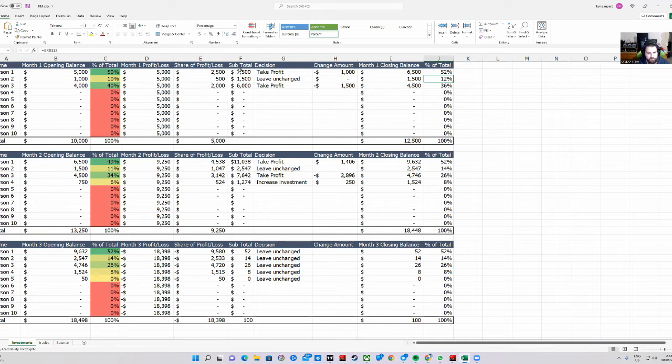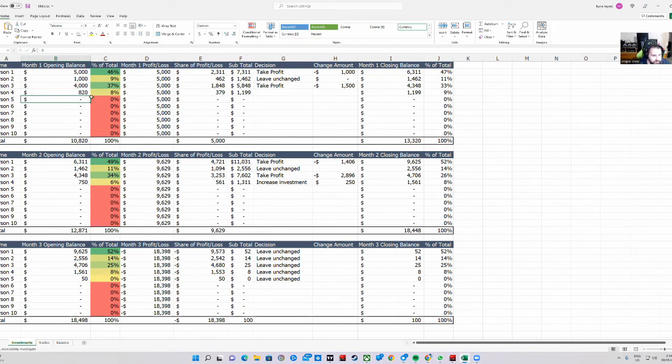And then it would give you a subtotal. So I made $2,500 profit this month, which makes 7,000. And then if we want to take profit, I want to take $1,000. At the end, it will drop my amount to 6,500, and I'll have 52%. So let's say, for example, person 4 puts in $820, just to make things difficult.